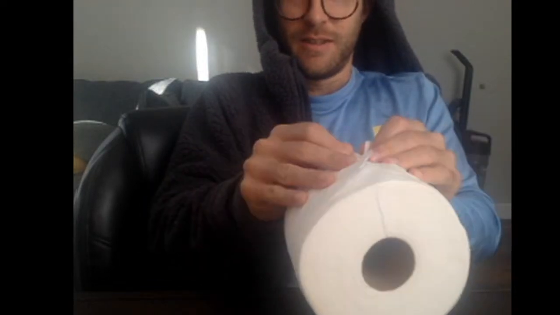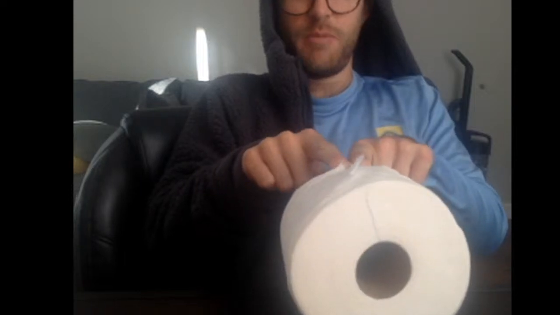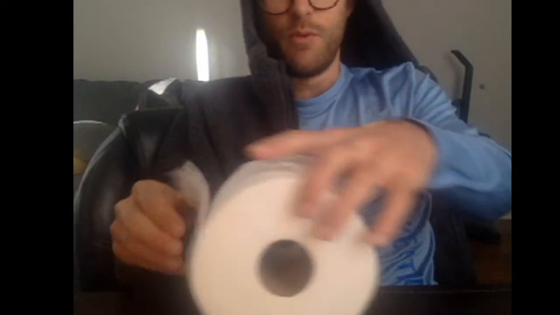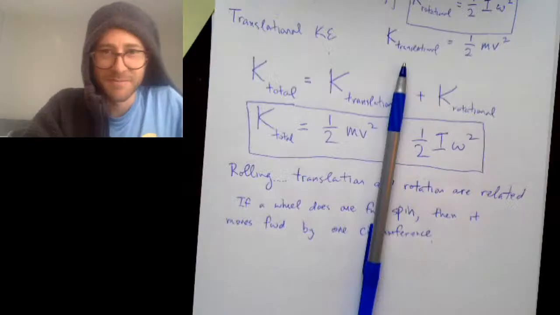Look at it. It fits exactly. So if the toilet paper does one full rotation, it moved forward by one circumference. This is one circumference of toilet paper. I'm going to save this for later. Could come in handy. That was a really good demo. I'm pleased with myself.